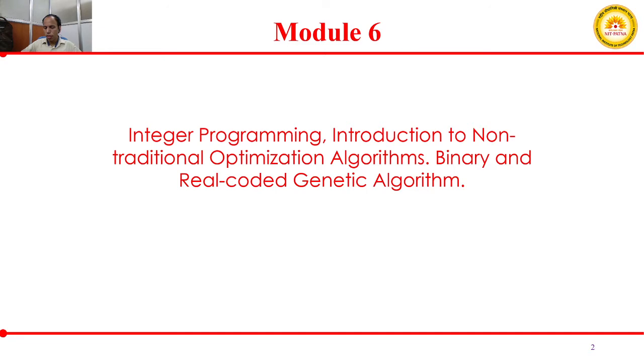These inequality constraint problems are converted into equality constraint problems by introducing some variables. So for solving linear programming problems there is one method, which is called the simplex method.